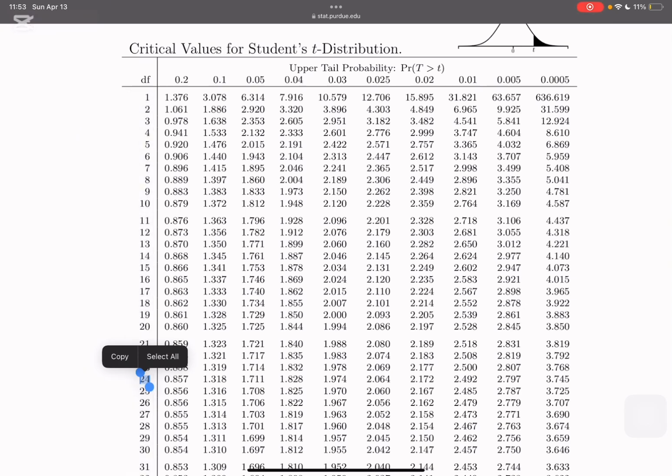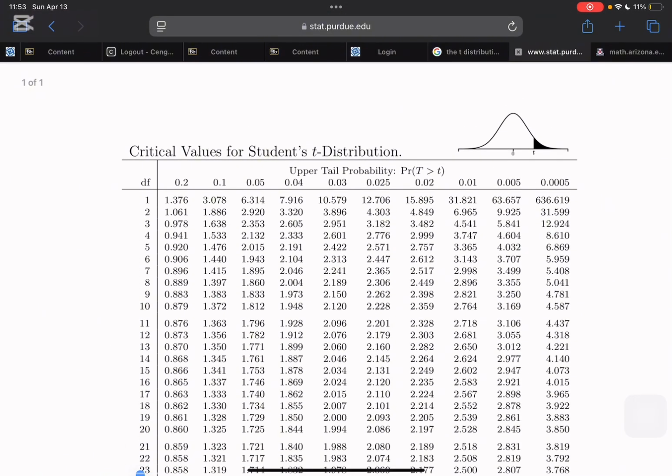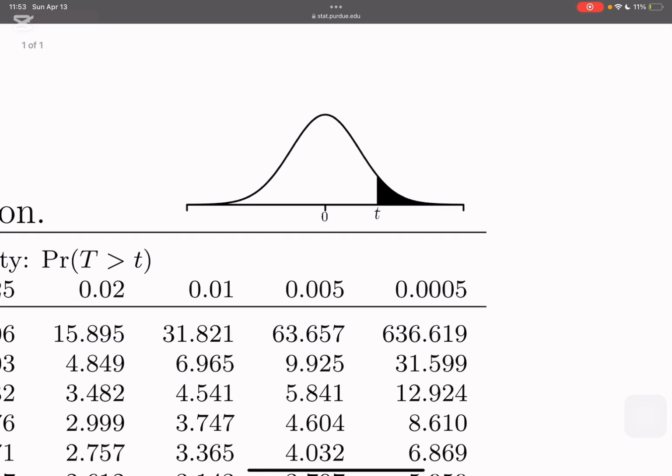Now what do we have at the top? We can see another value. They're telling you the upper tail probability. As you can see, it's whatever is shaded to the right. Above, what we were doing was whatever is shaded to the left. Now we take whatever is shaded to the right.